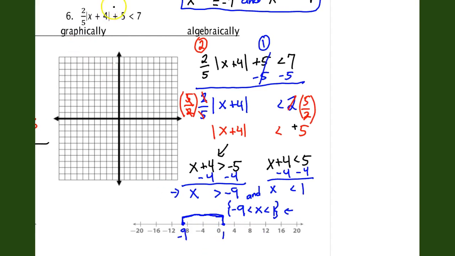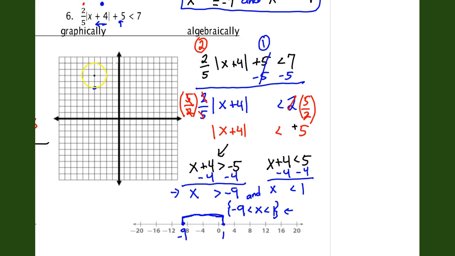So let's go ahead and graph this now. So I'll graph this one in blue. I'm going to go left 4 and up 5 from the origin. So left 4, 1, 2, 3, 4, up 5, 1, 2, 3, 4, 5. There's my vertex. And my slope here is going to be up to the right 5.